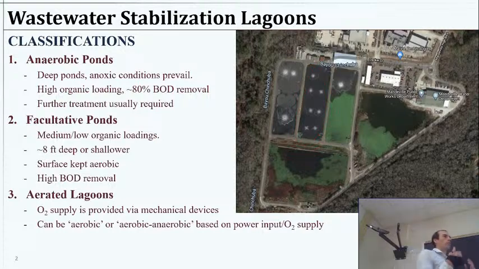That would be an aerated pond, with oxygen supplied, typically by some sort of mechanical device. In this case, some sort of fountain. Sometimes you'll have a paddle wheel that's just pushing the water along through a pond, like a raceway pond, but it's also kicking water up into the air and just mixing it generally. So there are some possibilities there.